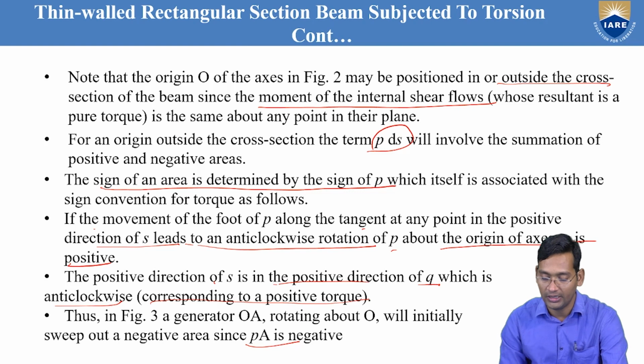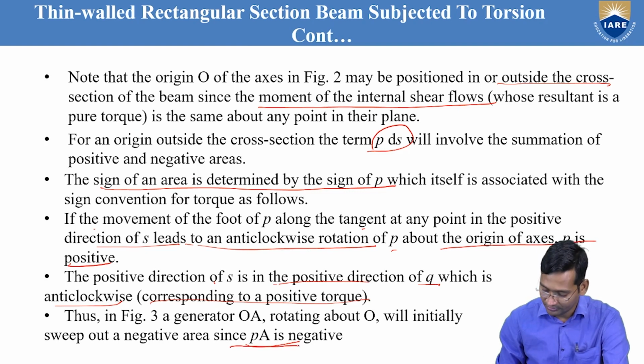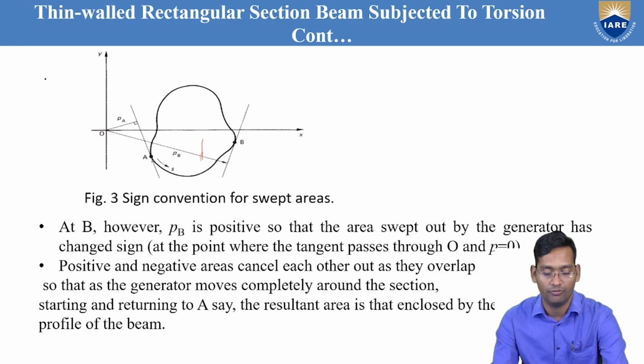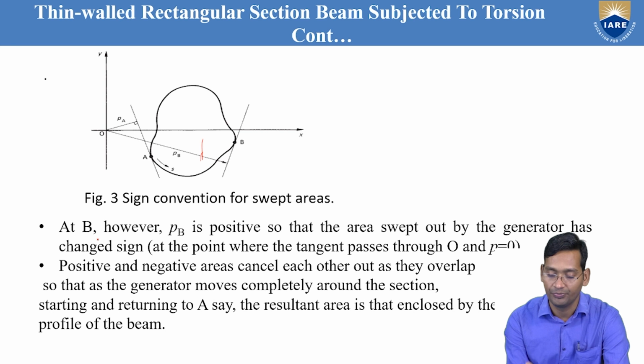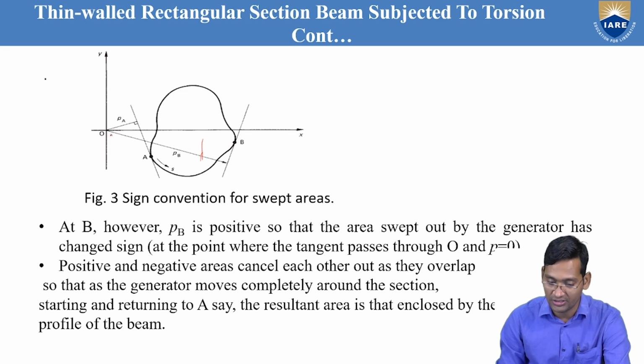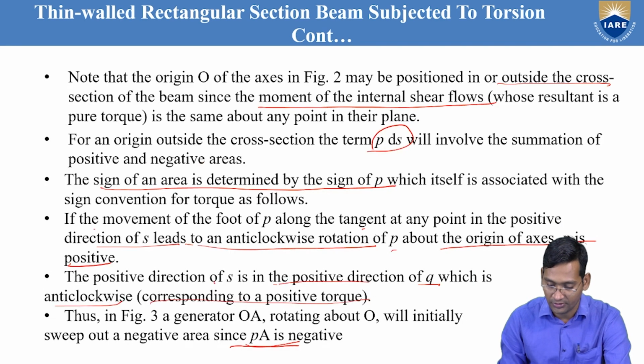So hence negative pA will be there. Now, this is the sign convention for swept area. But at B, however, pB is positive. So now in this direction, it's moving in the positive direction, so the area swept out by the generator has changed sign. So what is our generator? OA, right? So see here, generator OA.